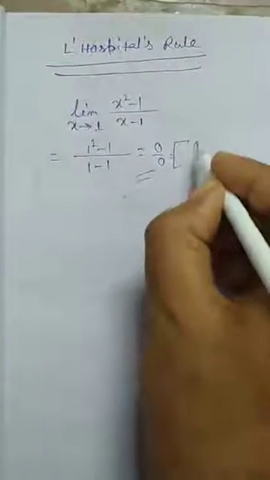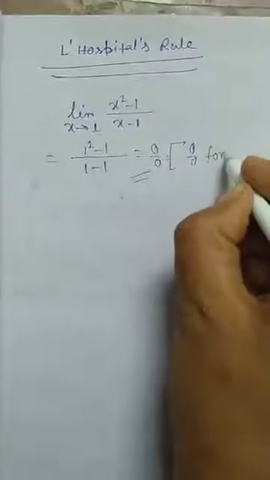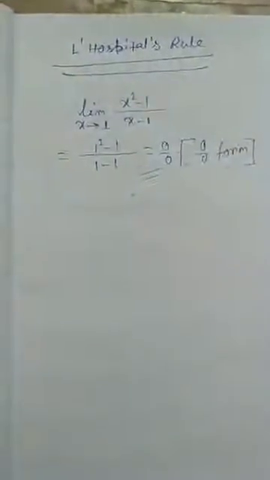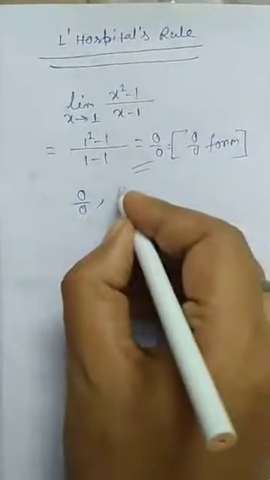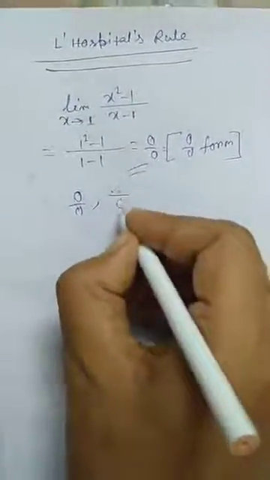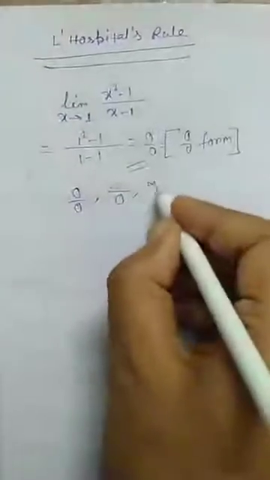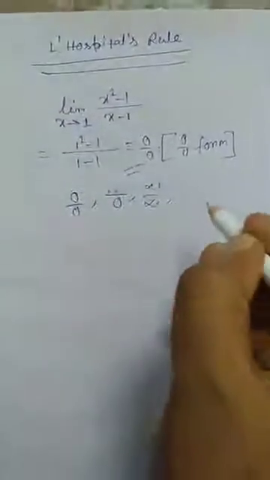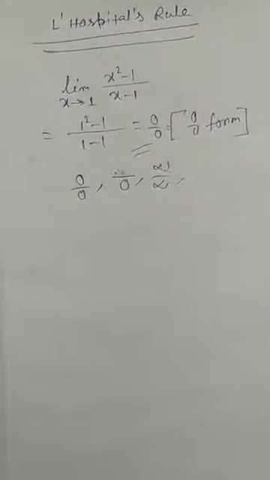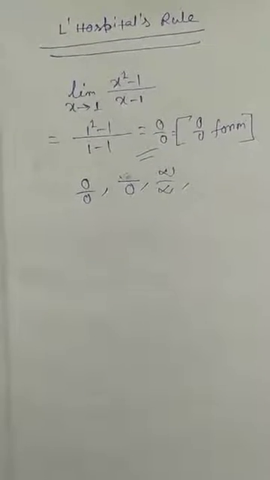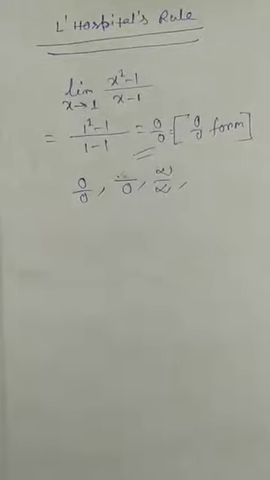This is the undefined form, so this form we call 0 by 0 form. And when we get 0 by 0 form, something by 0 form, or infinity by infinity form, then we apply L'Hospital's rule. Now we discuss L'Hospital's rule.